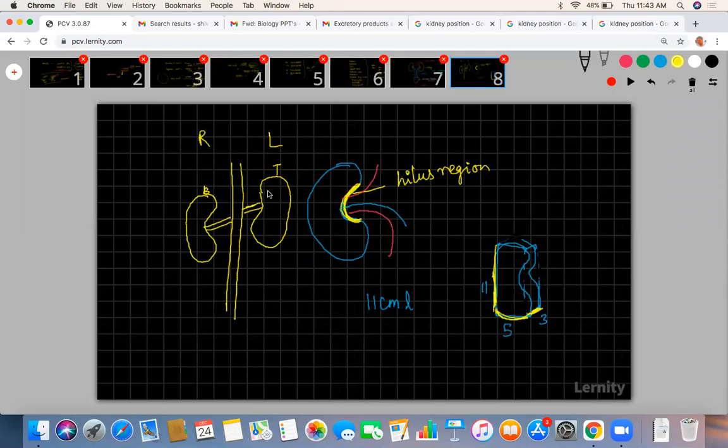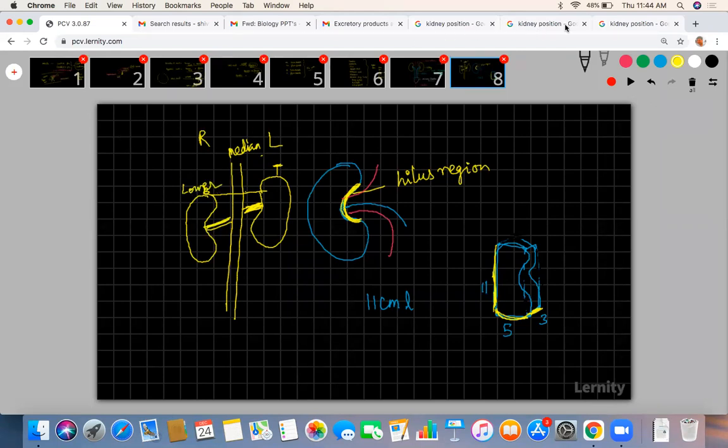You see the positioning of it. So the left kidney will be slightly above the right kidney. The left kidney will be in the top surface. It is above and it is close to the median. This is the median. Whereas the right kidney will be away from the median and it will be slightly at the lower position.